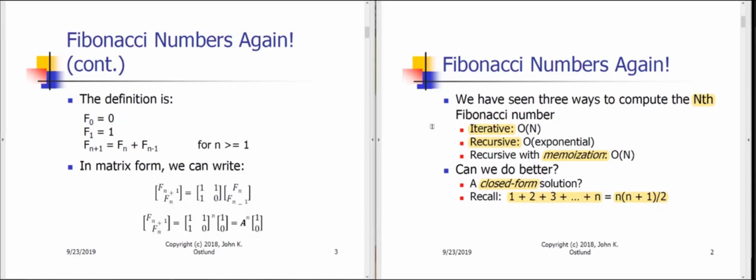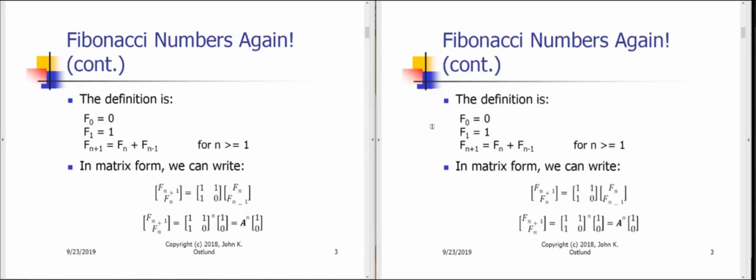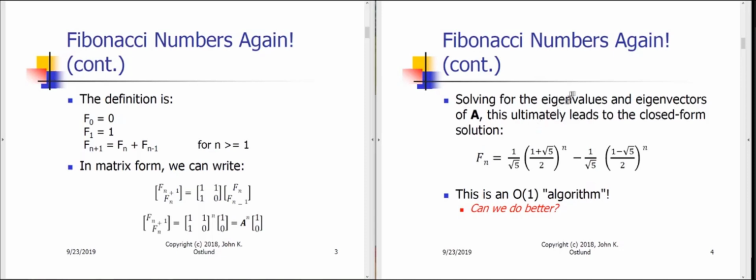And from that, without pretending to amaze you with a bunch of linear algebra, we can just solve for the eigenvalues and eigenvectors of A to reformulate that equation. Ultimately, this does lead us to a simple closed-form solution. That is, F sub n is given by this formula, which I'm not going to read aloud.